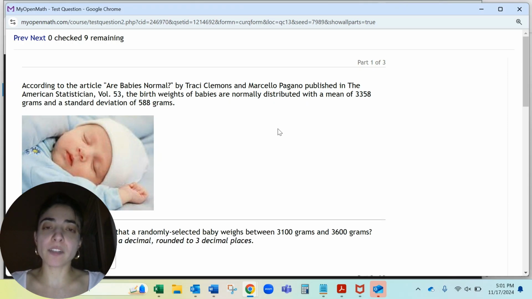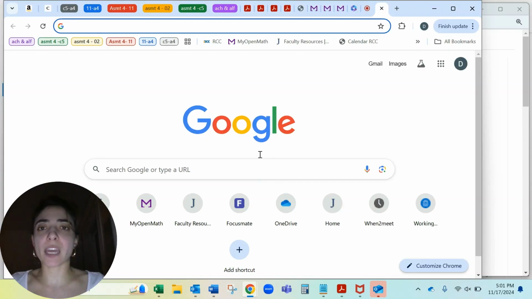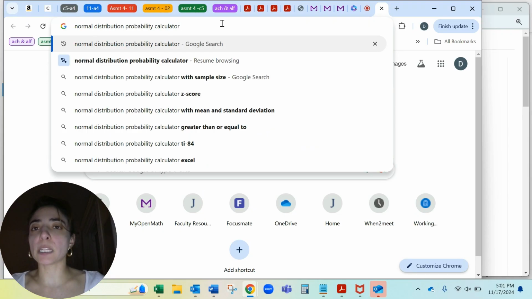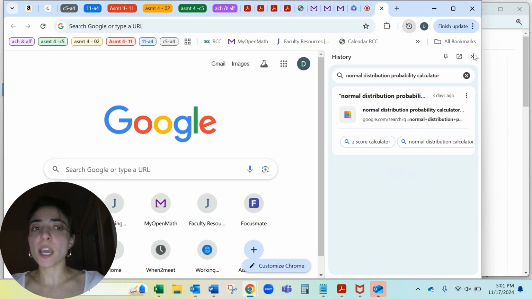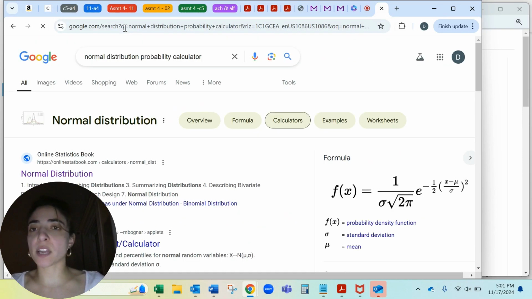To do it by hand, you would need calculus, but to do it using probability calculators, we can even search the internet for a normal distribution probability calculator, and any of the options that appear will work.